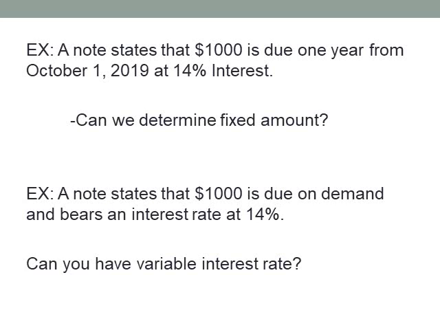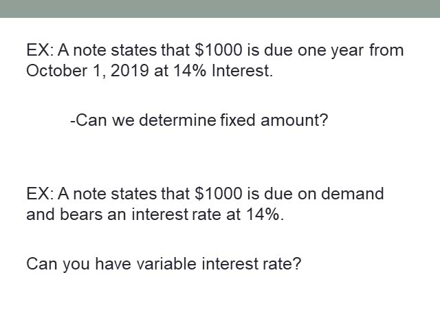No, because we can determine what that amount's going to be. We can calculate the interest. So the interest doesn't toss it. We need to know what the principal amount is and whether or not we can actually calculate the amount. So a note states that $1,000 is due on demand and bears an interest rate of 14%. That's fine too, as long as a fixed amount can be determined.